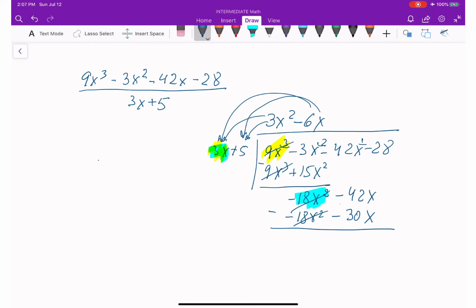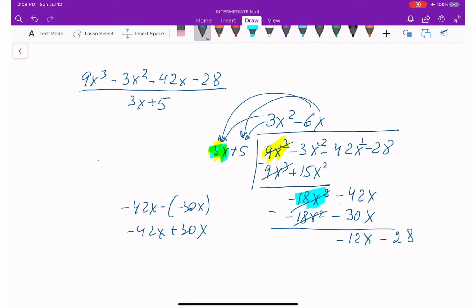And it's going to be negative 12x. So negative 12x, and bring down minus 28.